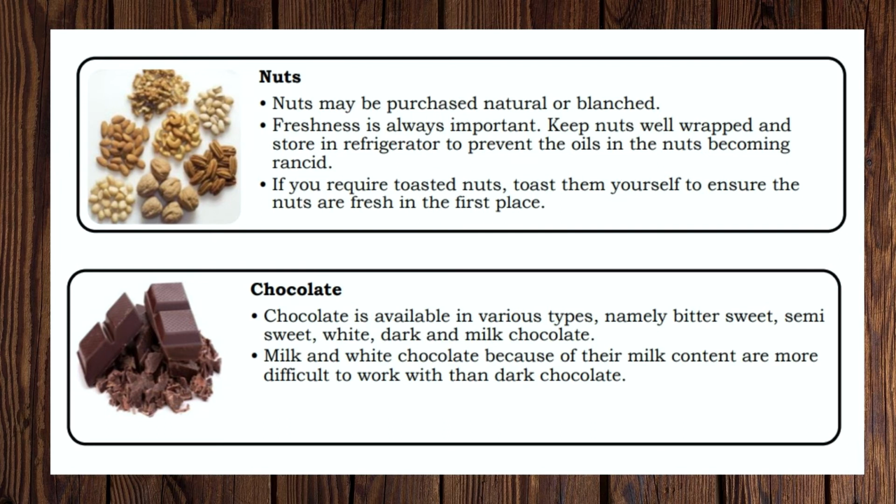Nuts may be purchased natural or blanched. Freshness is always important. Keep nuts well wrapped and store in the refrigerator to prevent the oils in the nuts from becoming rancid. If you require toasted nuts, toast them yourself to ensure the nuts are fresh in the first place.